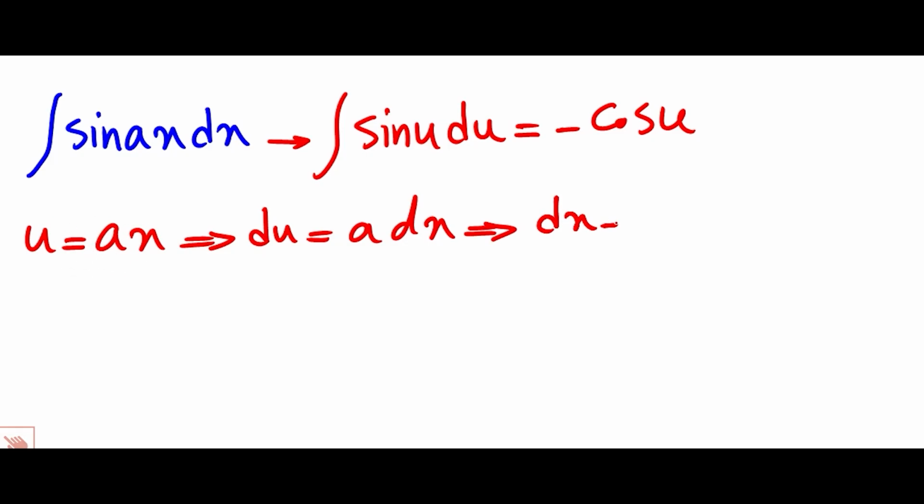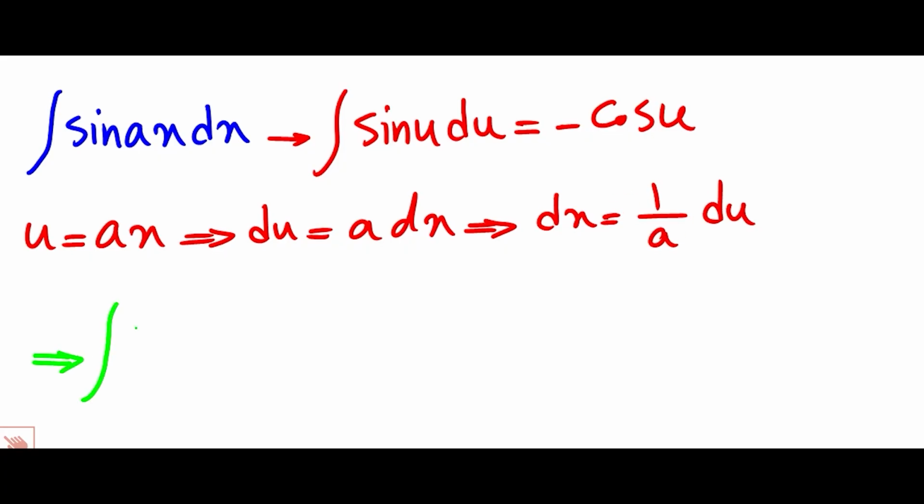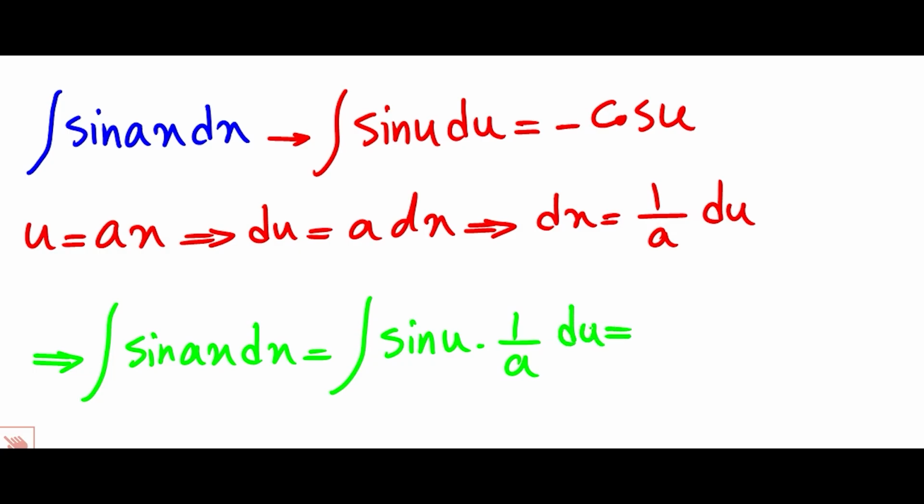So dx equals 1 over a du. So the integral of sine of ax dx, where ax equals u, equals the integral of sine of u times 1 over a du. So we have 1 over a, the integral of sine of u du. And as you know, the integral of sine of u du equals negative cosine of u plus c.